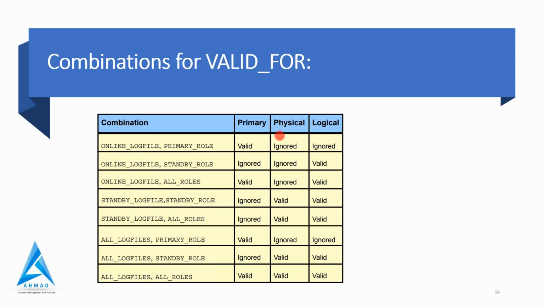So these are the three combinations. If you are using it for a standby, you have two combinations, and if you are using all log files, you have three combinations. So like that you will configure for primary, physical, and logical, correct?